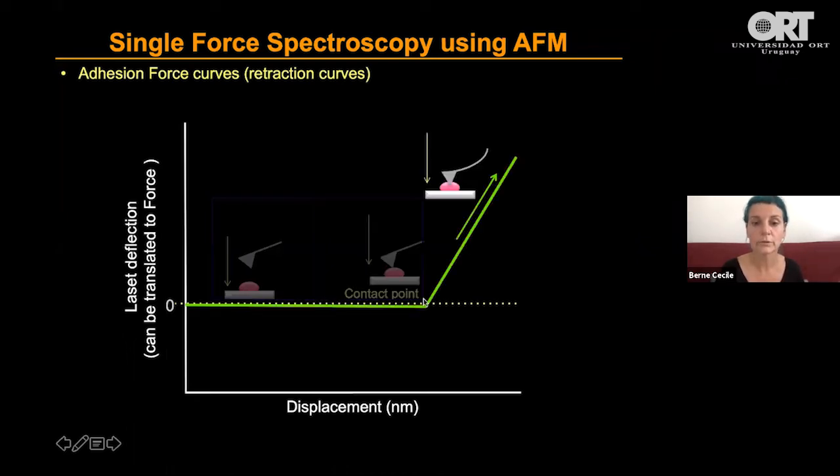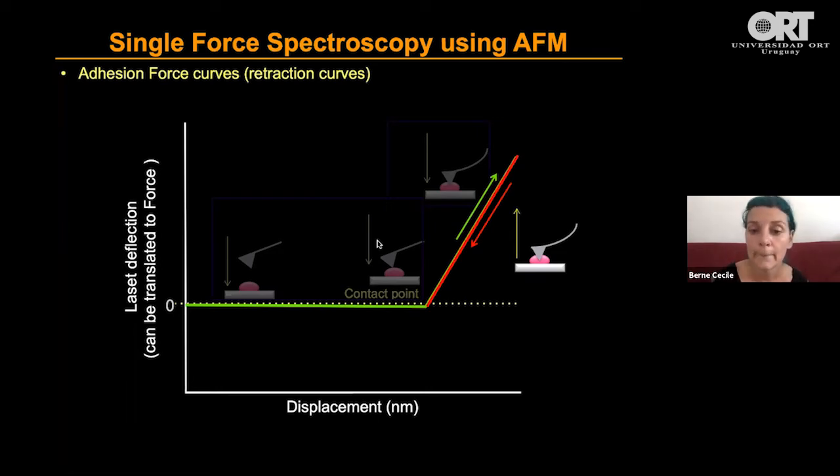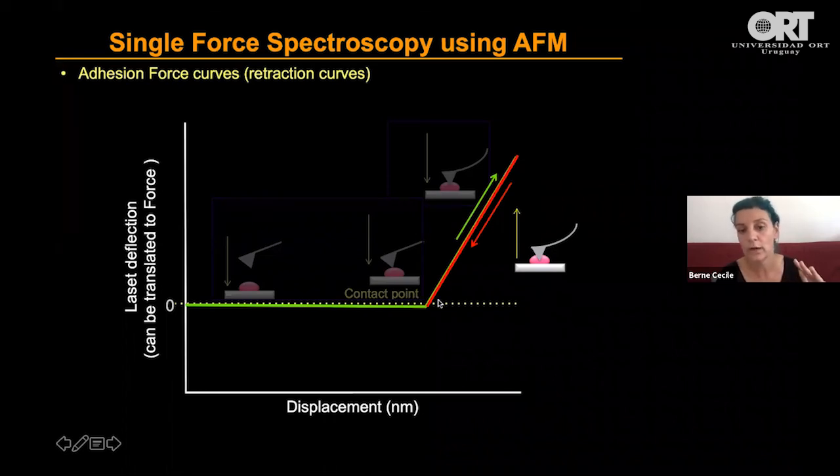Now, if we keep pressing, we will bend the cantilever, so we will have a change in the deflection, and the change will be illustrated like this. We keep pressing until a certain force, and now we decide to retract the tip. We retract the tip, the cantilever will unbend slowly, and both curves will overlap if everything goes according to plan.